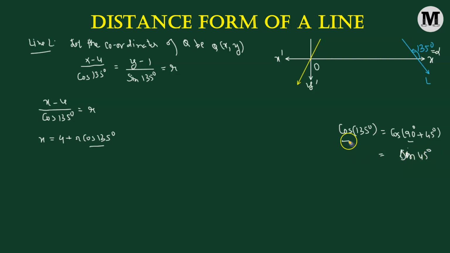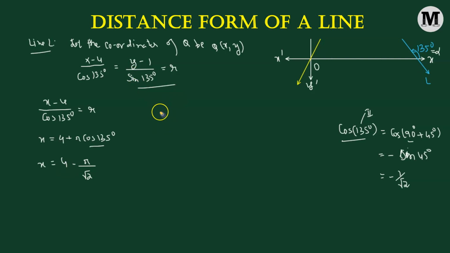However, 135 clearly is in the second quadrant where the cosine function is negative, so the value of the cosine function should be negative, right? So we should get negative sine 45 degrees, or in other words, negative 1 over square root of 2. Okay, fine. So we have x equal to 4 minus r over square root of 2. So that's the value of x.